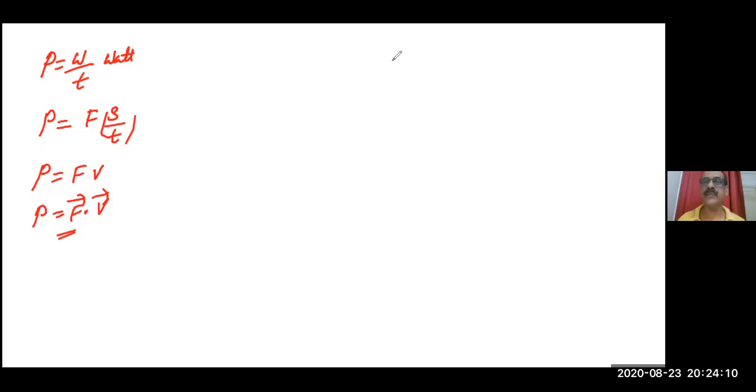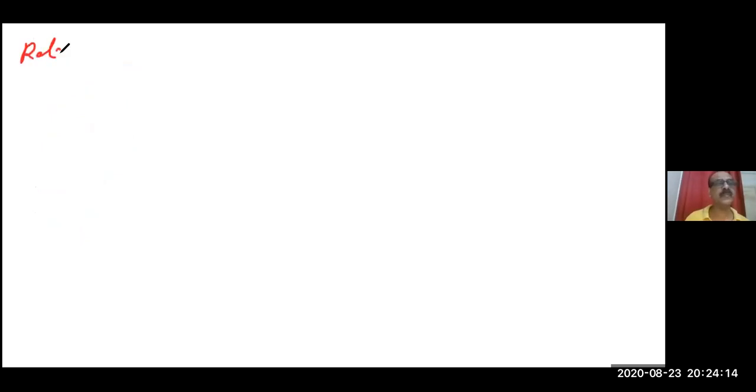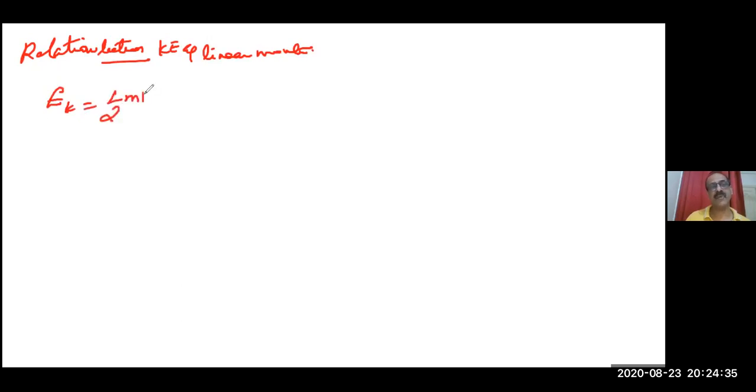Now the relation between kinetic energy and linear momentum. The kinetic energy EK is equal to half mv squared.